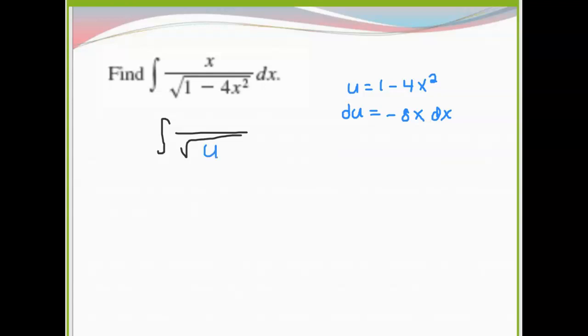So I have the square root of u in my bottom, and then up top I'll notice that I have x dx, and over here my du is mostly equal to x dx, but what doesn't match that's with that x dx that I can't substitute out? What's being multiplied by x dx that's not in my integral currently? Negative 8. So what we're going to do is divide by negative 8.